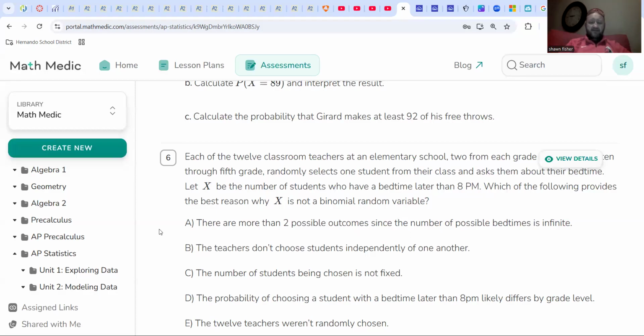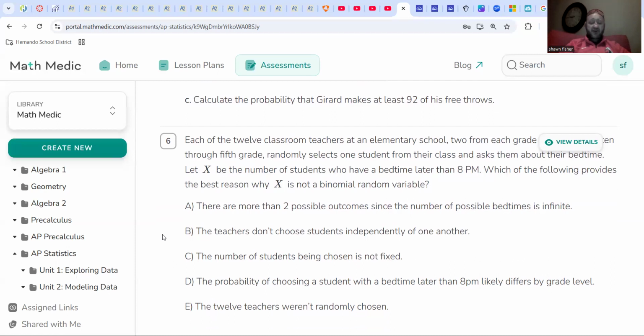Maybe, but let's go on to the next one. The number of students being chosen is not fixed. Now they said one up here, one in different classrooms. The probability of choosing a student with a bedtime later than 8 p.m. likely differs by grade level. So I think that one's the best answer.